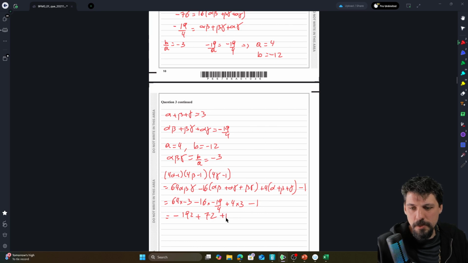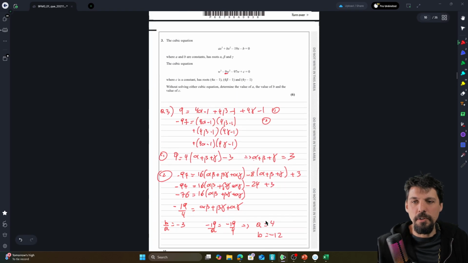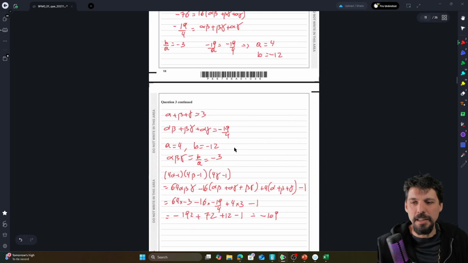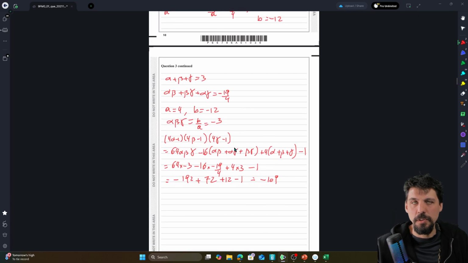Then we get a plus 12, and we get a minus 1. Which is minus 120, minus 108, minus 109. So I reckon that C is equal to minus the product. So I say C is 109.